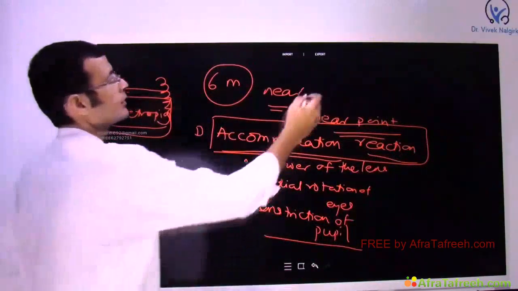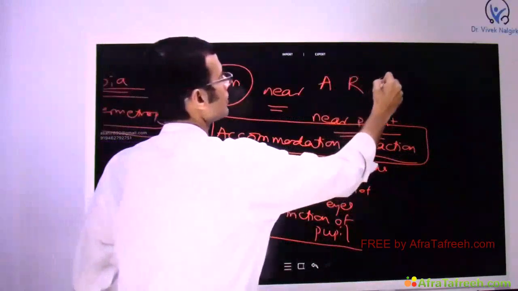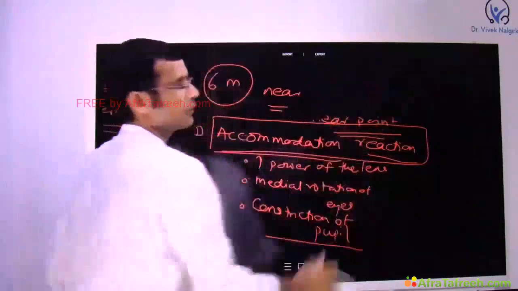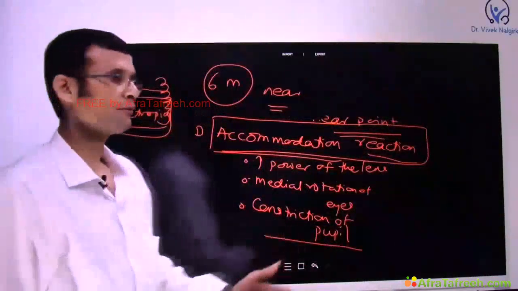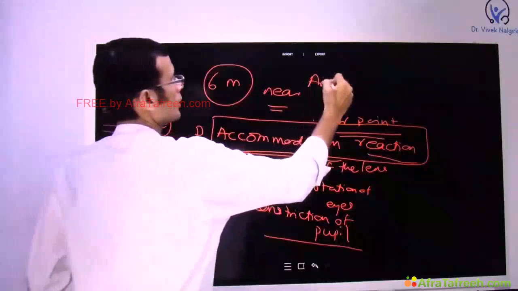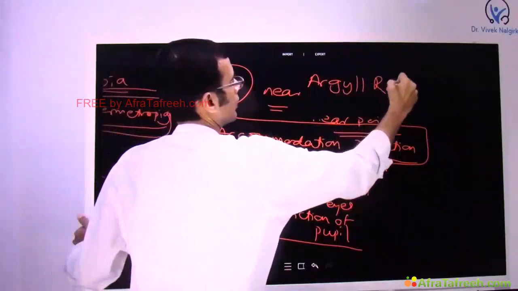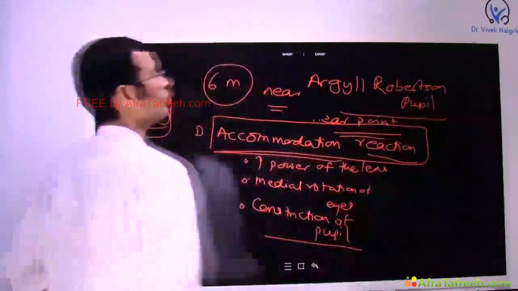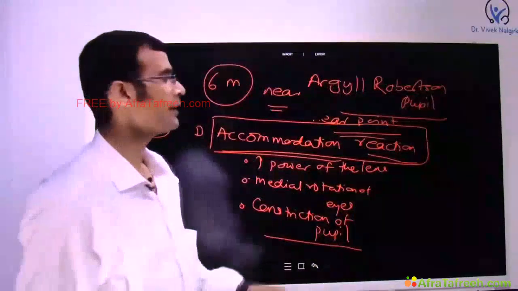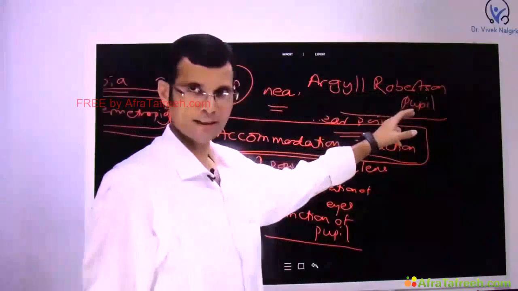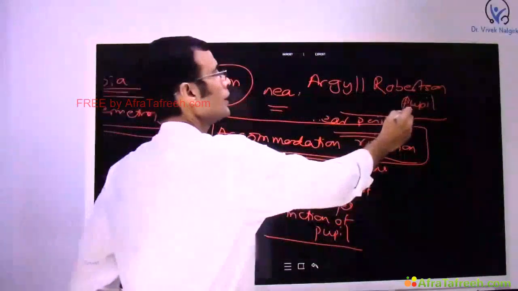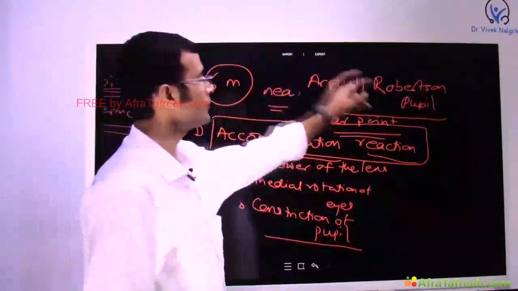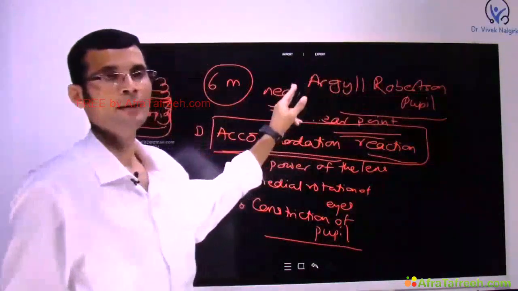there is something called the Argyll-Robertson pupil, quite often seen in neurosyphilis or such conditions. How this pupil is described is accommodation reaction is present, but pupillary light reflex is absent.